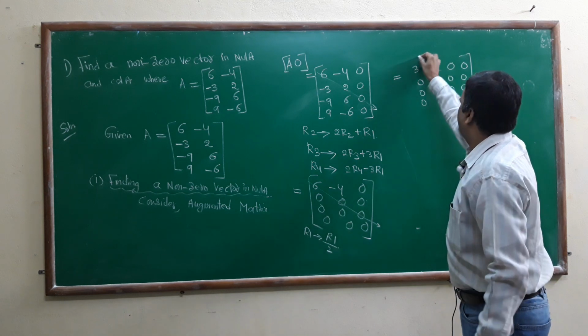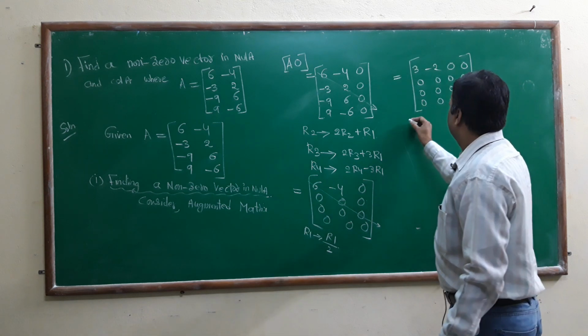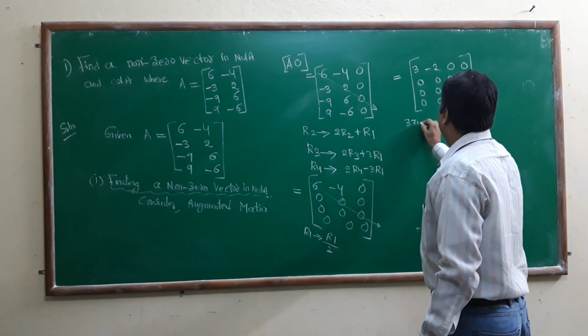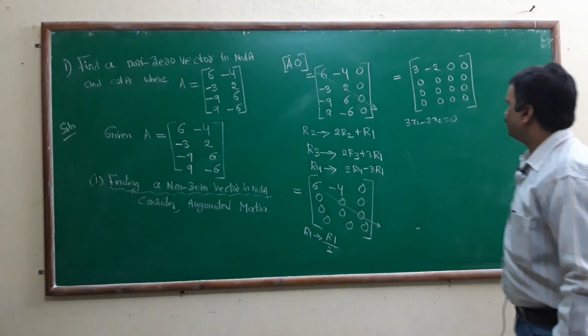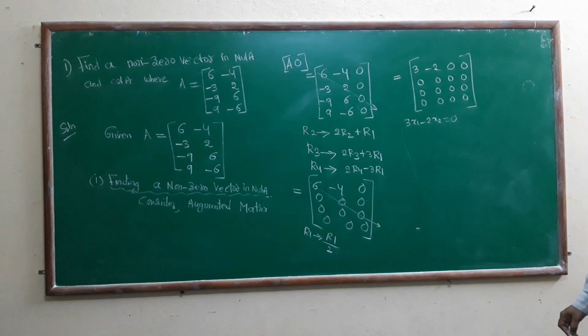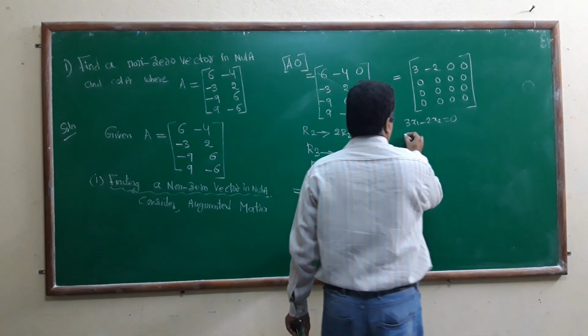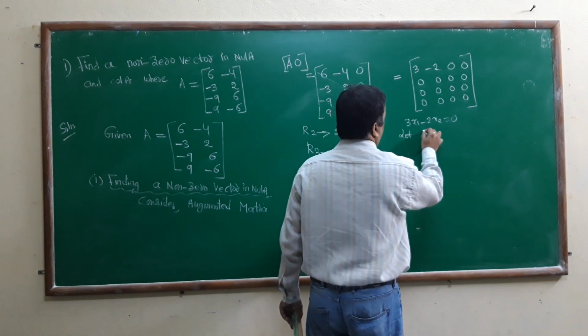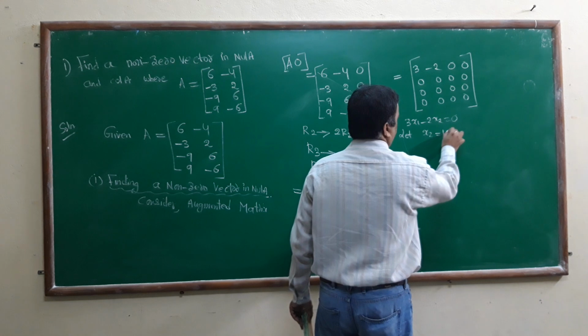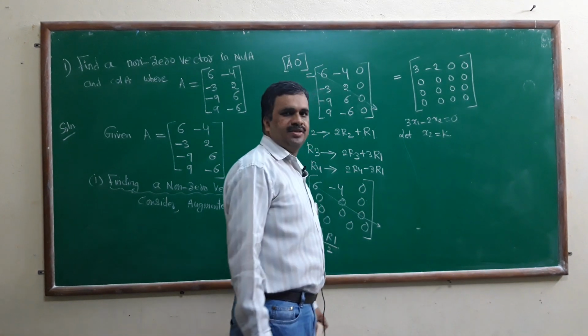Now I'll write the equations: 3x1 minus 2x2 equals 0. Let x2 equal k.